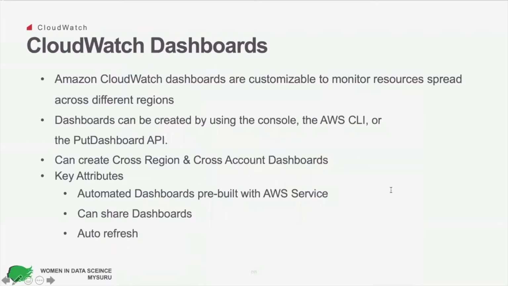So next we will move on to CloudWatch dashboards. CloudWatch dashboards are highly customizable home pages to monitor resources spread across different regions. So you can create dashboards either through console, AWS command line, or using Put Dashboard APIs. You can also create cross-region, cross-account dashboards, which can be used to display graphs and widgets from multiple AWS accounts and multiple regions.